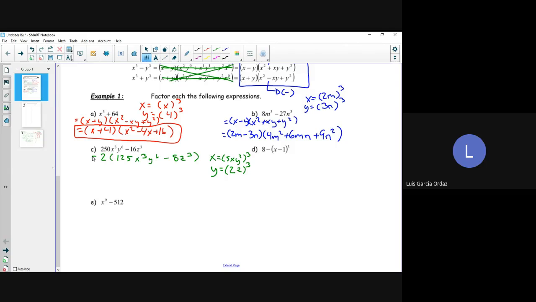So we are going to get 5xy squared minus 2z times, now I have to do 5xy squared to the power of 2, which gives us 25x squared y to the 4. I'm running out of room, so I'm going to erase this.